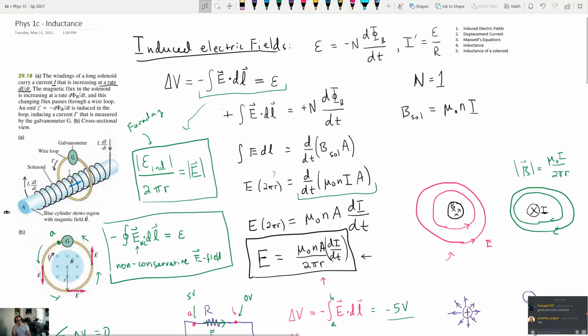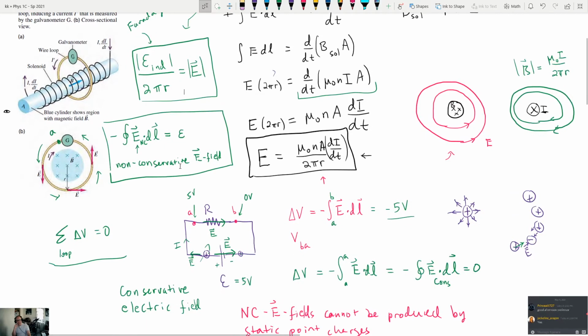And what we found is that when you have a change in magnetic flux, you actually produce an electric field that falls off as 1 over 2 pi r, as 1 over r, and the size of the electric field is given by taking the induced EMF and dividing by 2 pi r. The units work out because the units of EMF are volts and the units of electric field are volts per meter. And the other piece of it is that these are non-conservative fields.